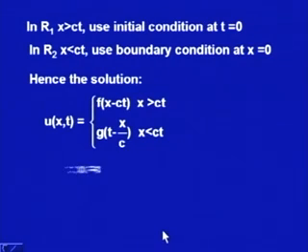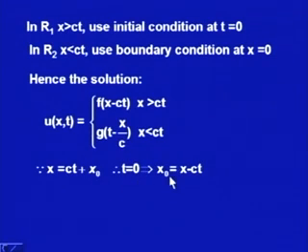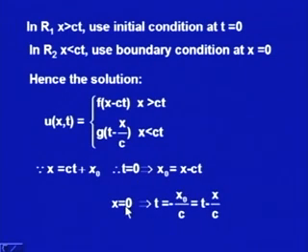How do we find out this t naught? So, let us see, x is equal to c t plus x naught. At t is equal to 0, x naught is x minus c t, and at x is equal to 0, what would I get? I would get c t plus x naught is equal to 0, that is t is equal to minus x naught by c.